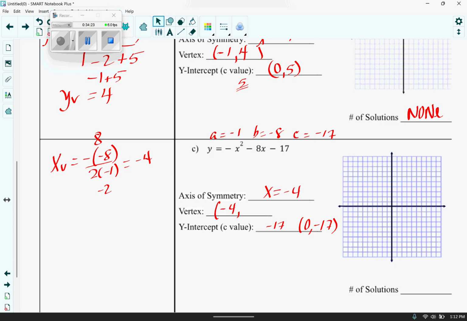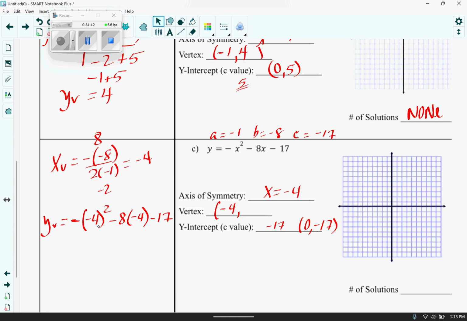Negative 4 something. When you plug that back in, make sure you put that in parentheses, because here's where it's going to get sticky. I have negative 4 squared minus 8 times negative 4 minus 17.